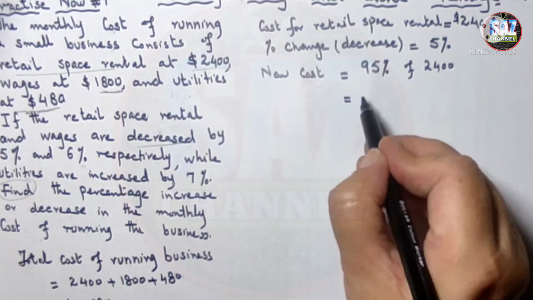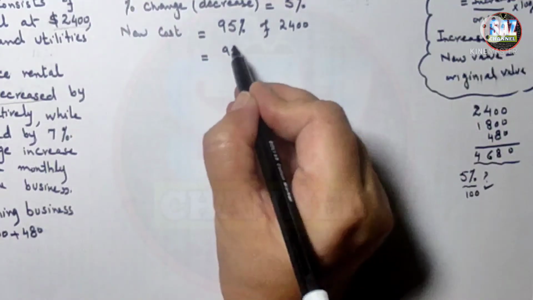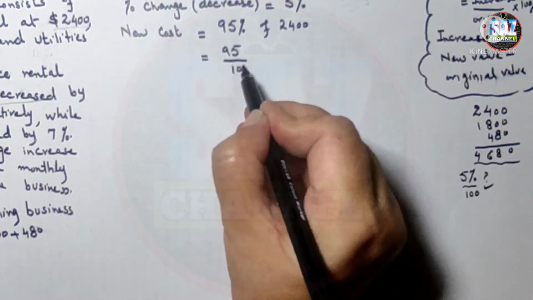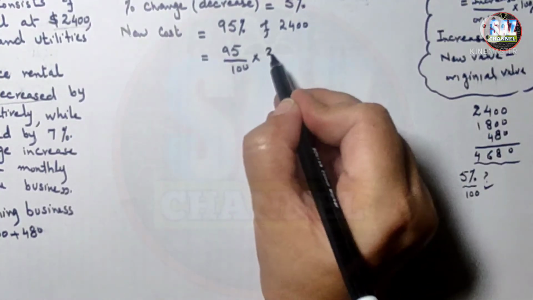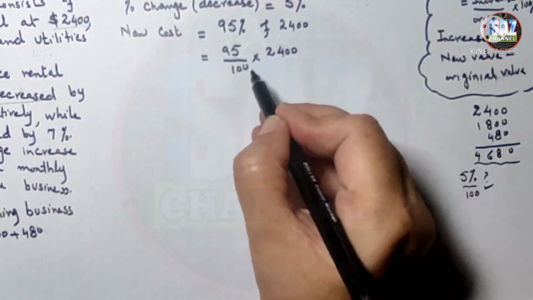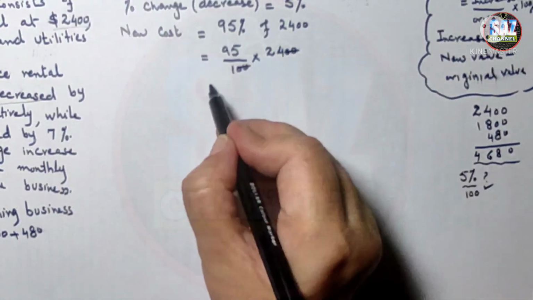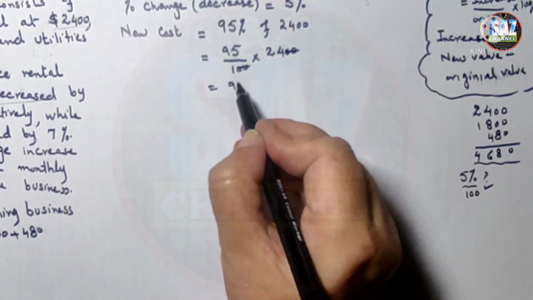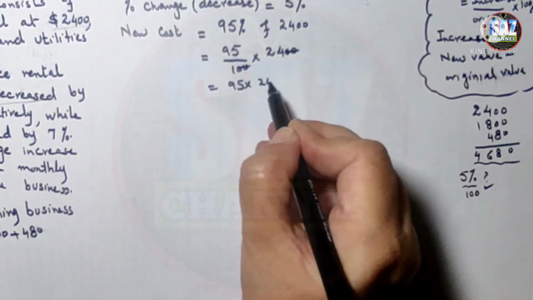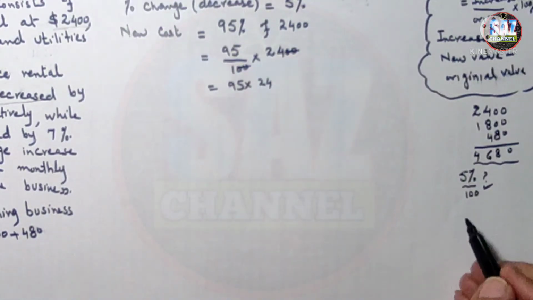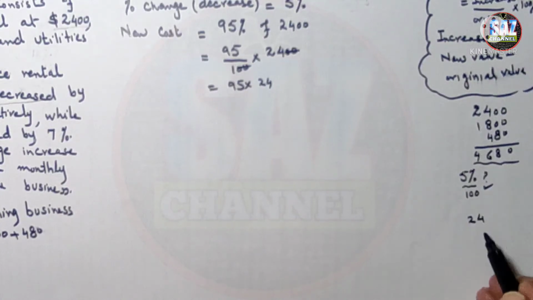Now is the time for the calculations. 95 over 100 multiplied by 2,400. 0 goes with 0 and we are left with 95 multiplied by 24. Now I have to multiply 95 by 24 mentally.